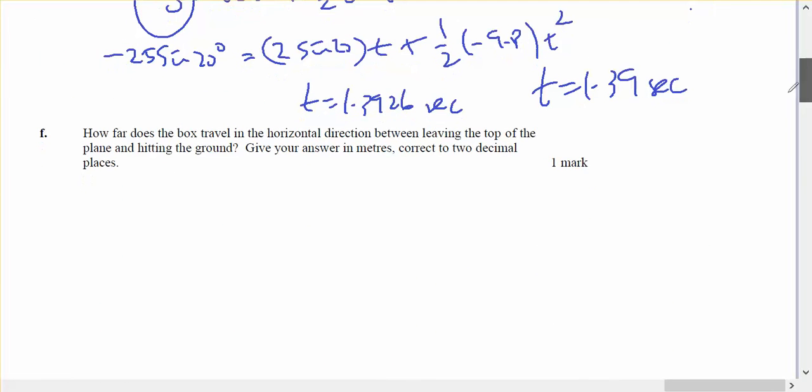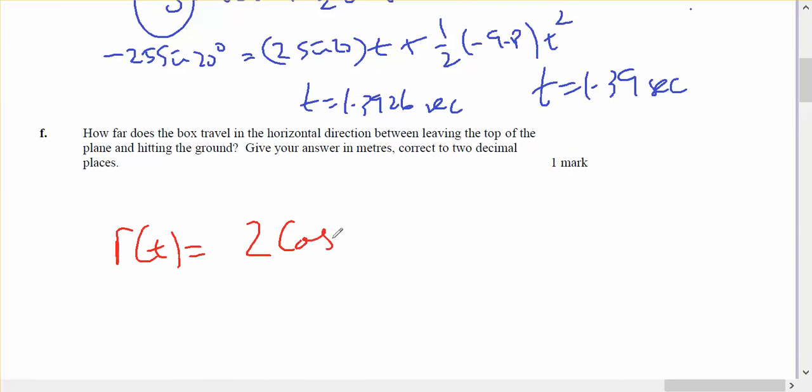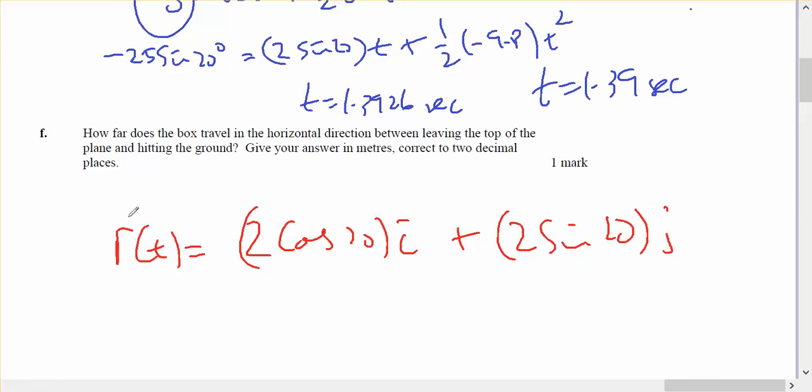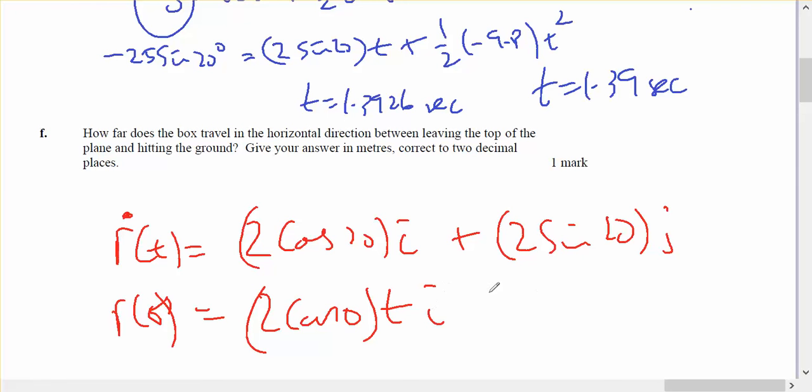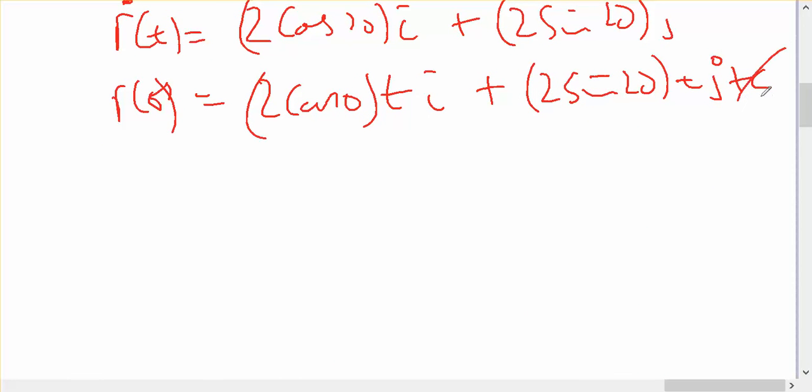If the velocity is 2 cos of 20 in the I plus 2 sine of 20 in the J, then the position will be 2 cos of 20 t in the I plus 2 sine of 20 t in the J. And I'm going to call this position here 0, 0, therefore plus c, and c is 0.